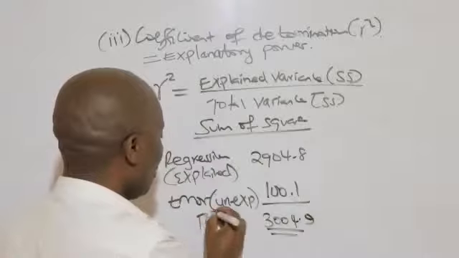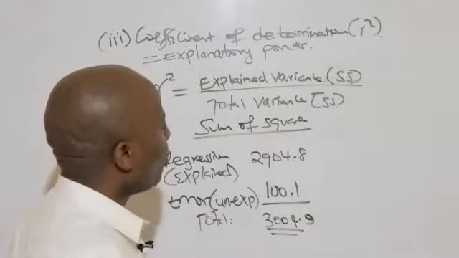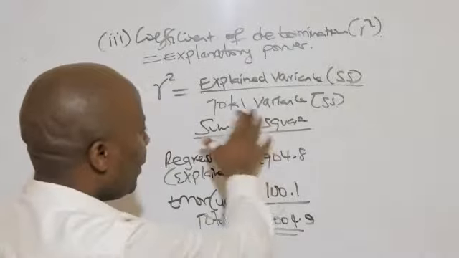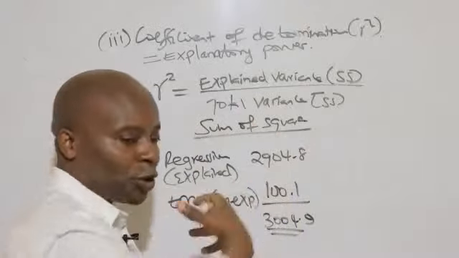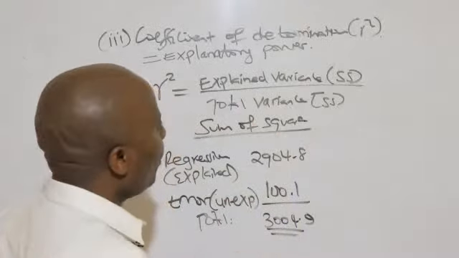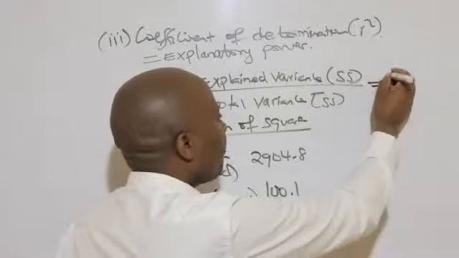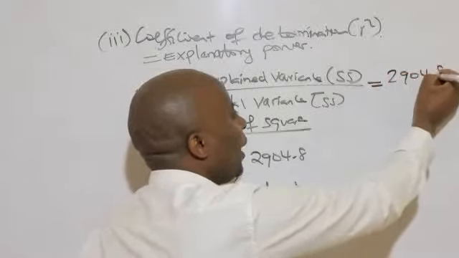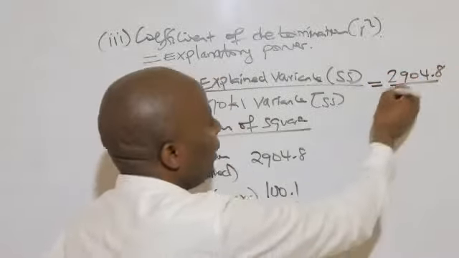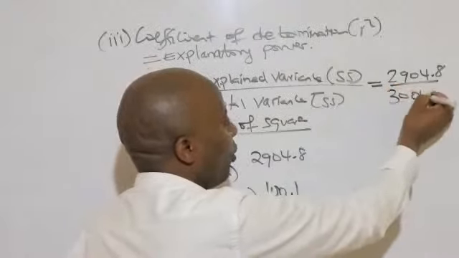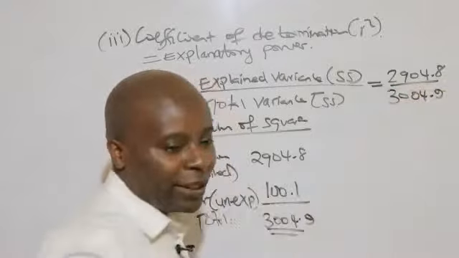So this is the total variance. Given the sum of squares extracted from the ANOVA table, the explained variance here will be 2904.8 over 3004.9, times 100.